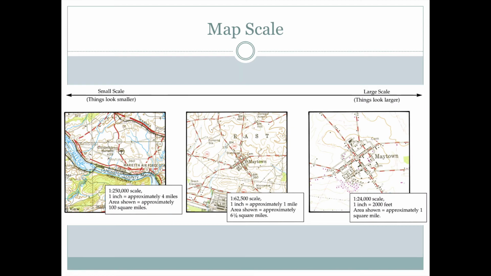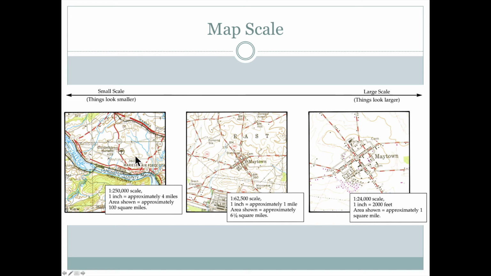When we start mapping, we can map at different scales. And the thing to remember here is the smaller the number after the colon, the larger the scale of the map is. That's because 1 inch on this map represents 24,000 inches in the real world, but 1 inch on this map over here represents 250,000 inches in the real world.